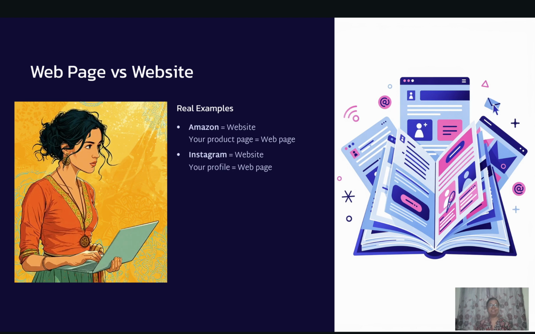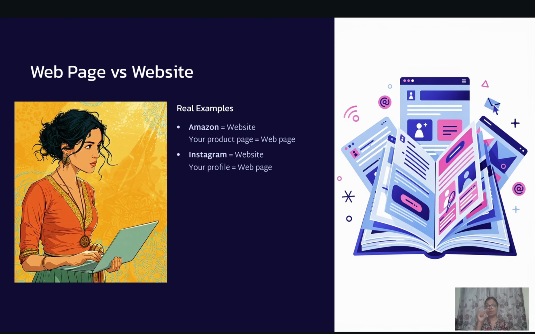And next is, what is the difference between a web page and a website? A web page is a part of a website. A website is a combination of different web pages. For example, later you are going to create your portfolio website. In your portfolio website, you are going to include my experience page or my qualification page.